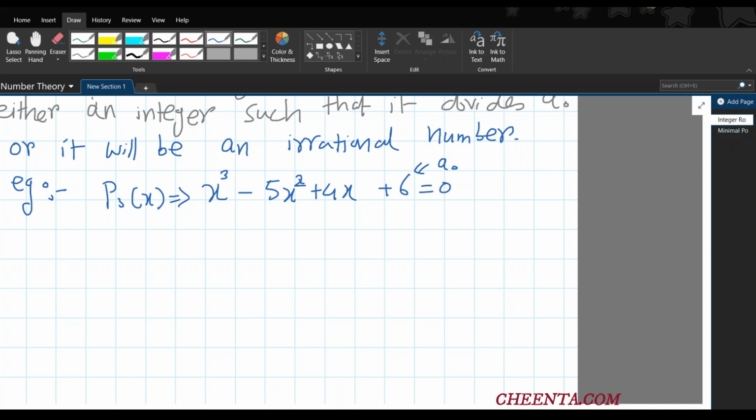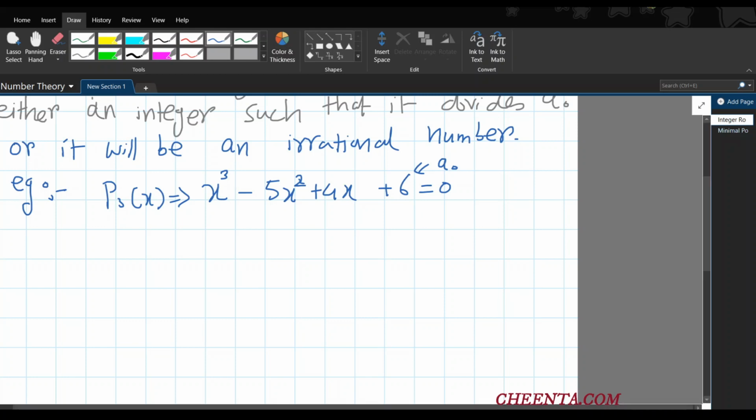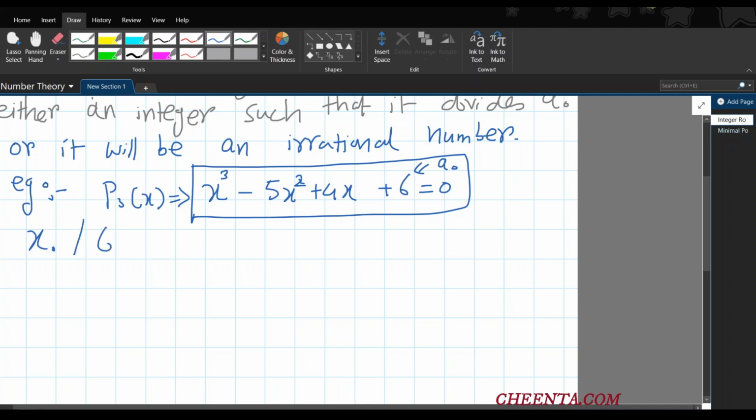According to the theorem, if this equation has some real integer solution, then that solution, let me represent it by x_0, must divide 6, or be an element of the set of the factors of 6. And here you have to take into account both the positive factors and also the negative factors.